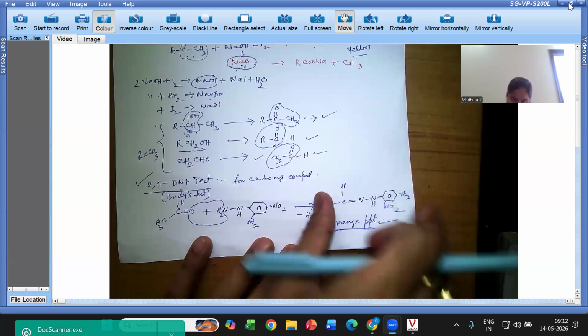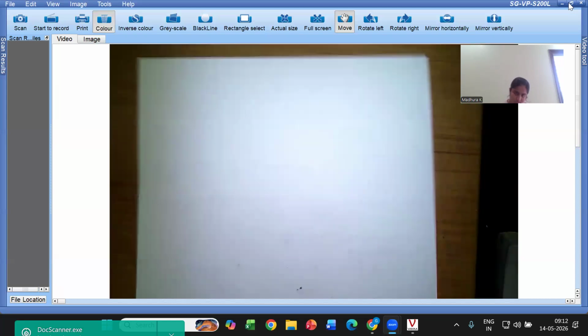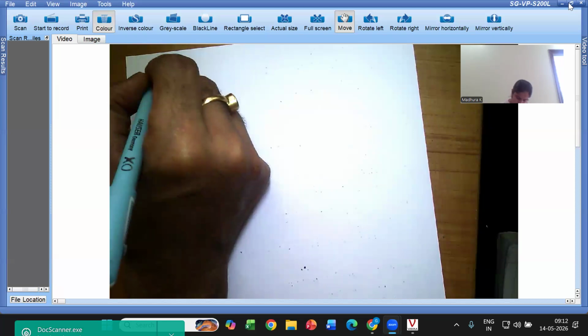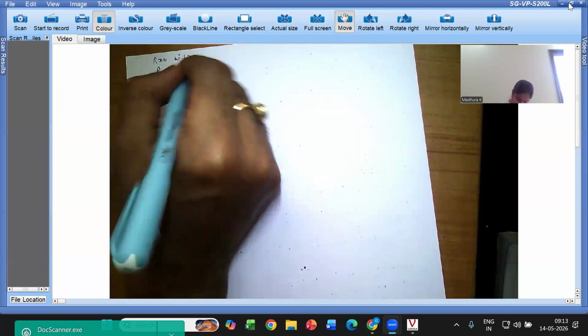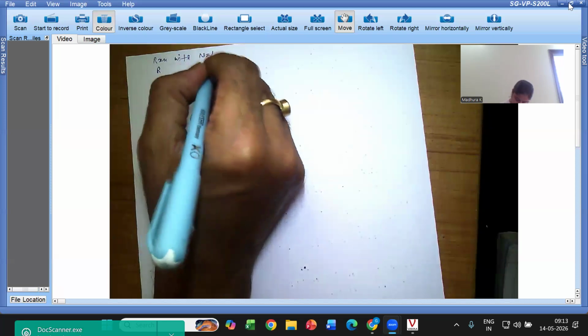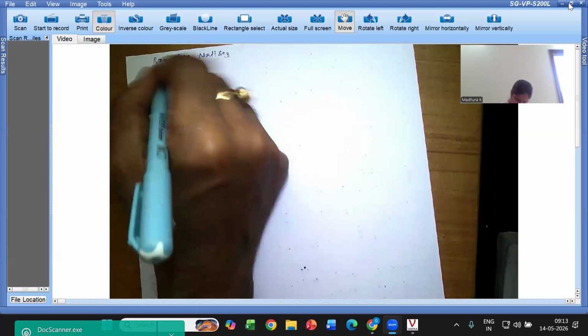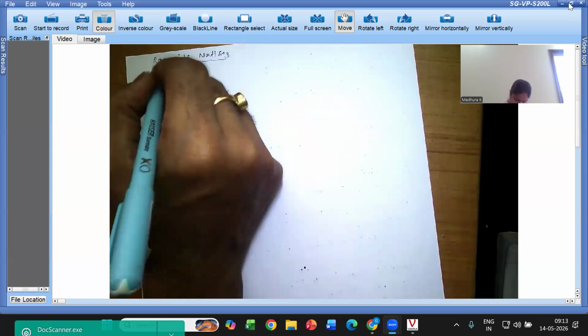Another test that really comes up in organic chemistry, and a very simple one we have studied before: the reaction with sodium bisulfite. Sometimes they might give this.